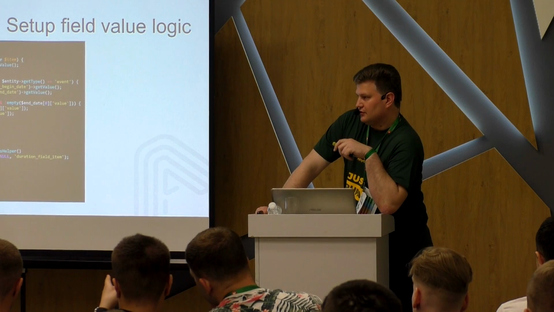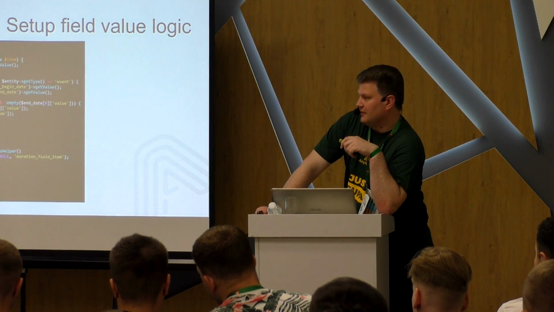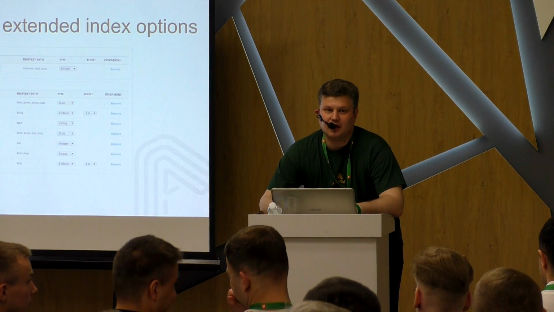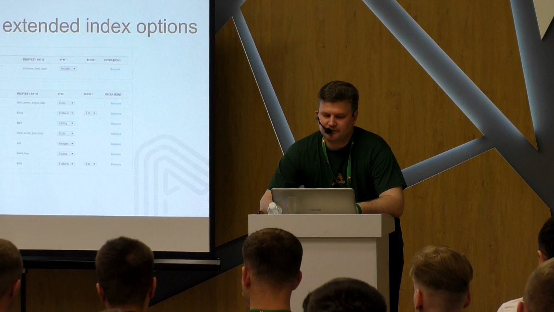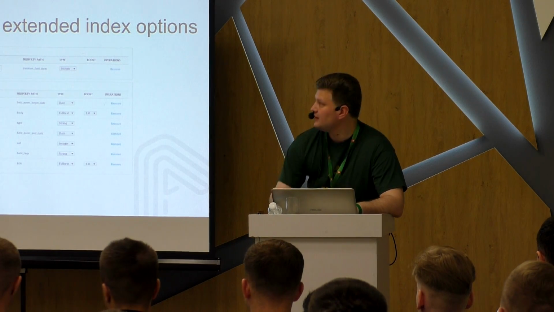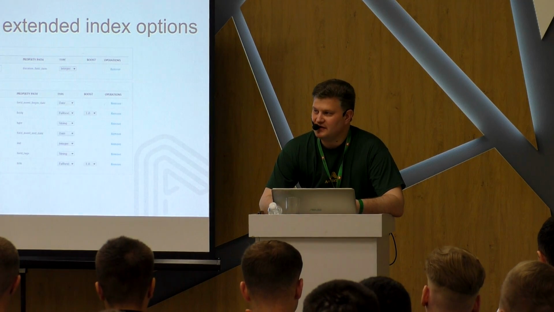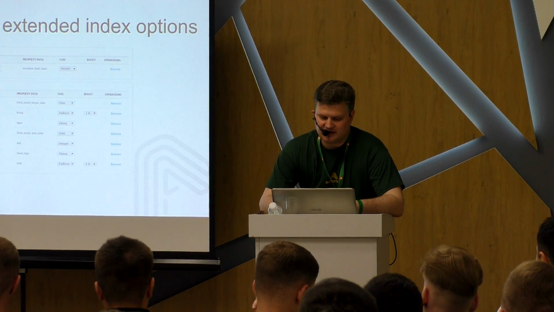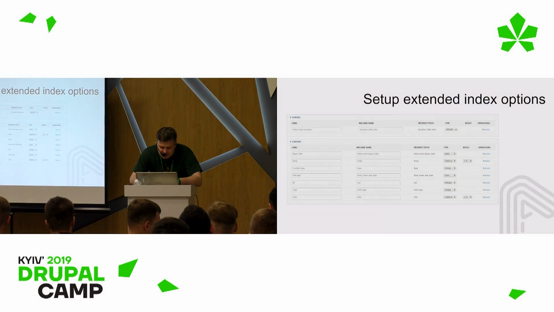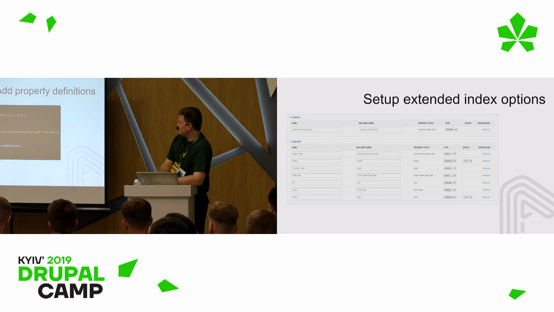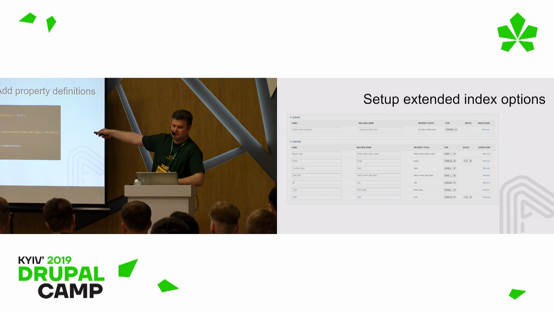So it's all about code. Let's move to the UI part. As you remember, we have the index page, and as you see, at the top of this index page, we have a specific new field. It's called index event duration with machine name duration field item. And as you see, the type of this field is integer, so it's the same as we have set up in this step.